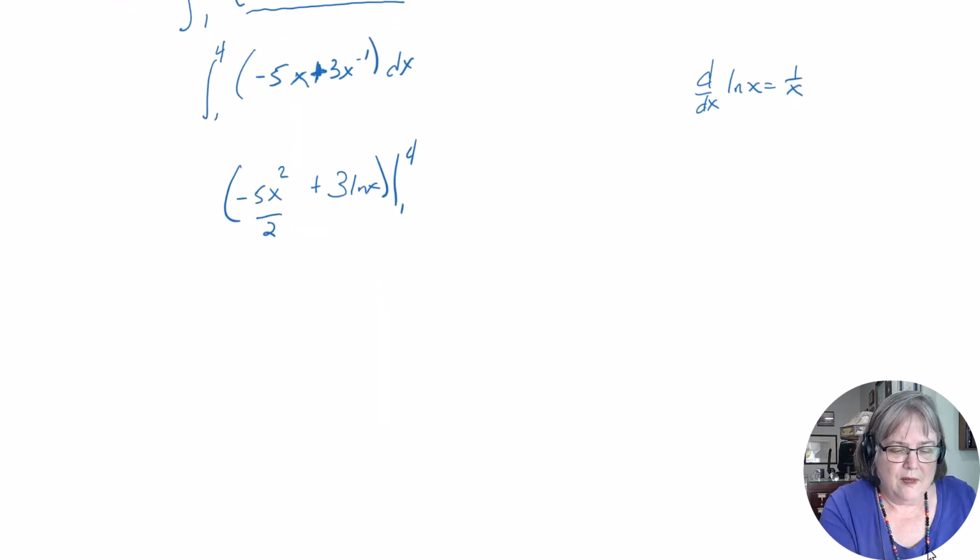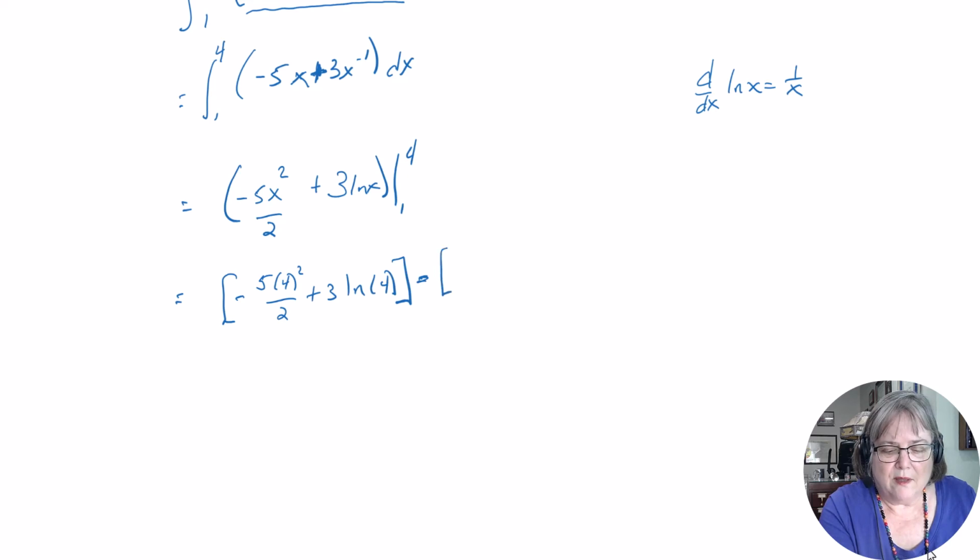All right? So what you have to do is to say, everywhere I see an x, I'm going to put in a 4. And then I'm going to subtract, and everywhere I see an x, I'm going to put in a 1.